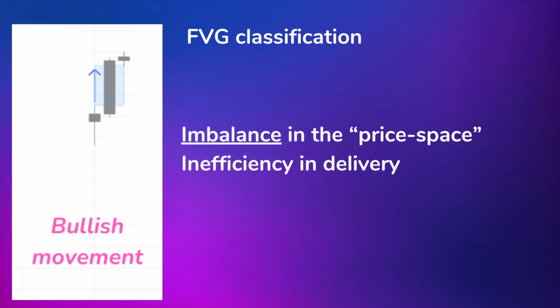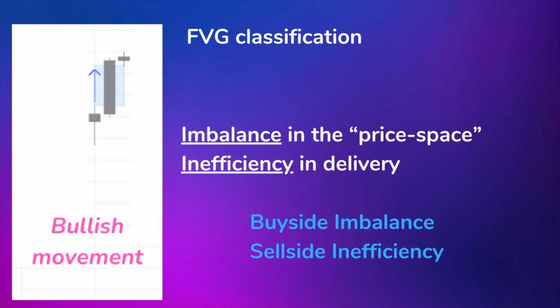Specifically, the imbalance regards the buy side liquidity, the buy side imbalance, and the inefficiency regards the sell side, because there is no selling. So when we have a bullish movement and a bullish fair value gap, we have what's called a BISI: buy side imbalance, sell side inefficiency. I like this classification. Let's keep on going.